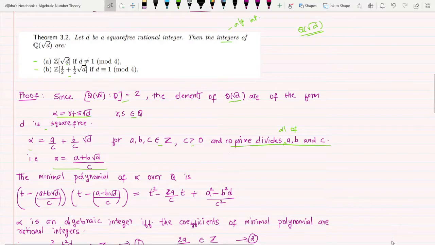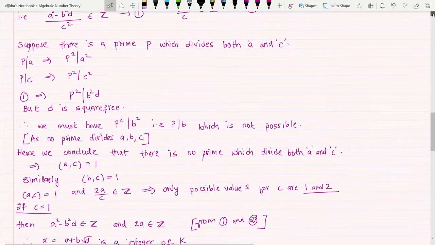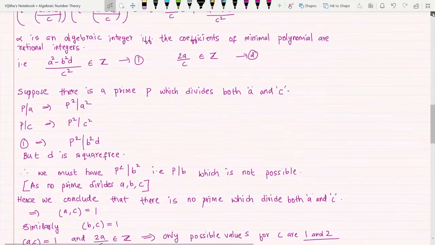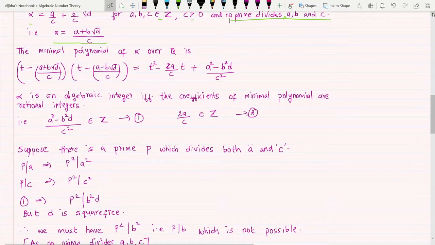Now we will write the minimal polynomial of alpha over Q. Alpha is A plus B root D by C, so it is T minus (A plus B root D by C) into T minus (A minus B root D by C), because the other root will be of this form since the degree is 2.